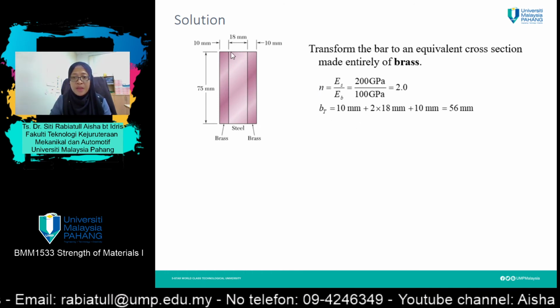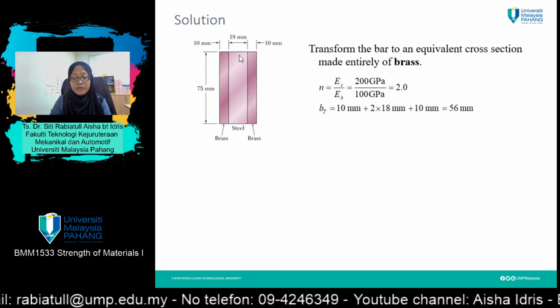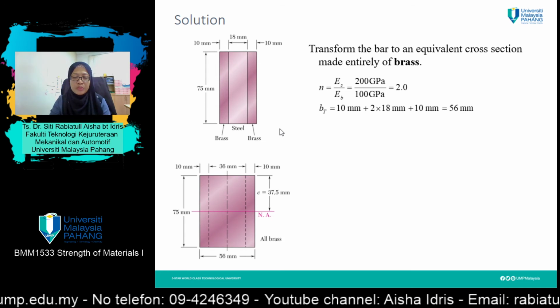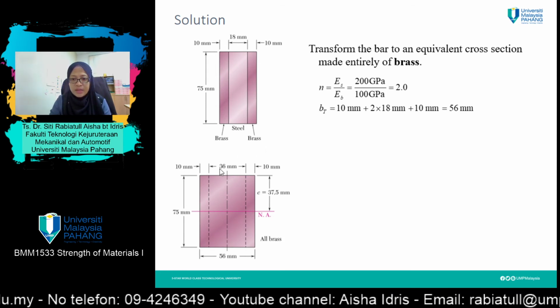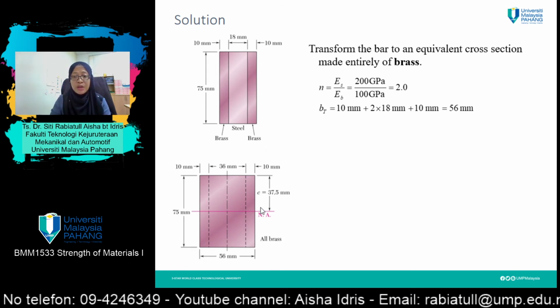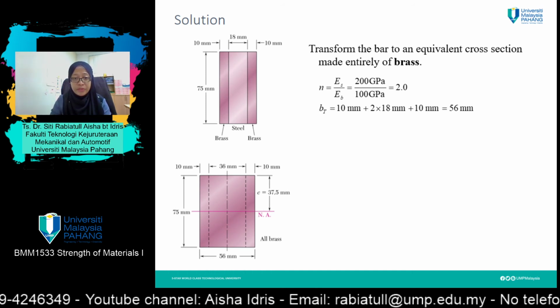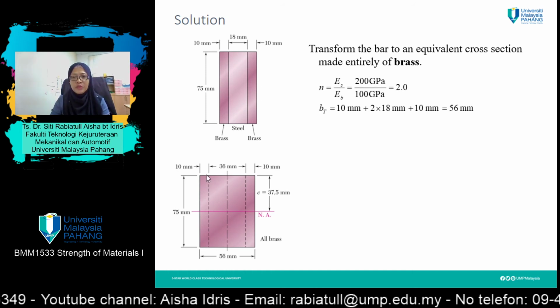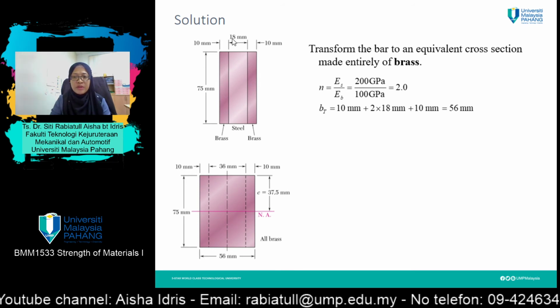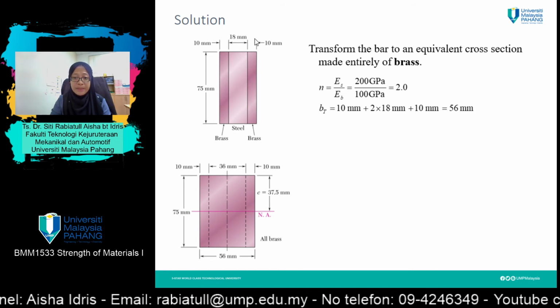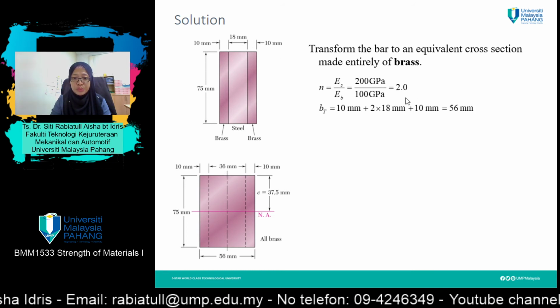And therefore, the cross-sectional area for steel is changing. This is the new cross-sectional area for the part made entirely from brass. Instead of 18 mm, it becomes 36 mm because 18 times 2.